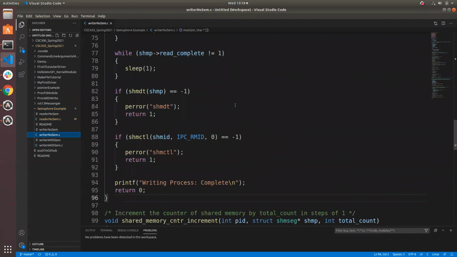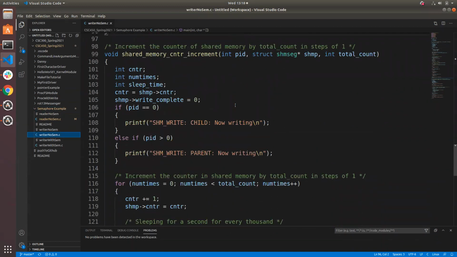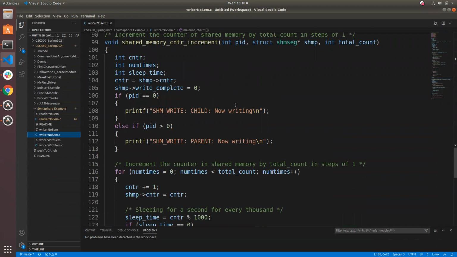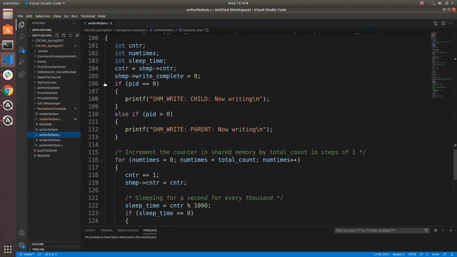We get down to where it's actually incrementing our count. Last time we referenced this as kind of a ghetto semaphore, where we're messaging that the write is not currently complete.